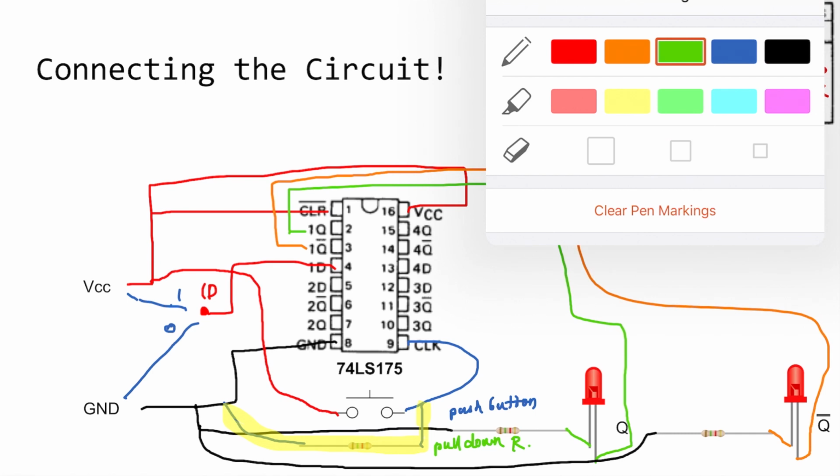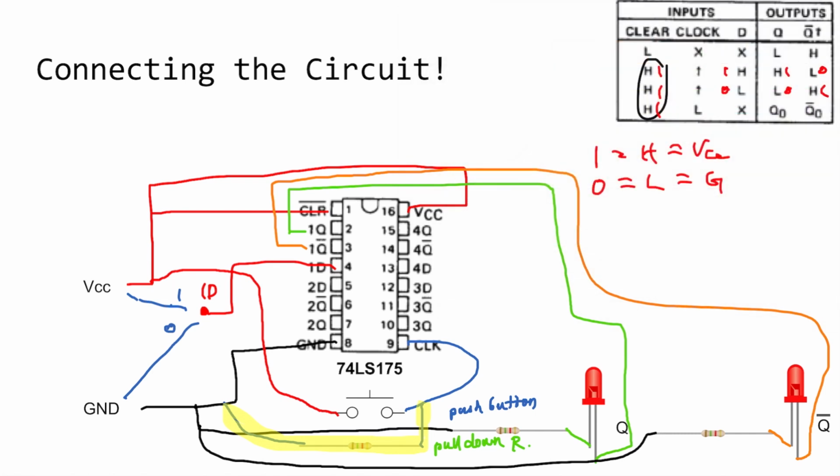So how this works is, when we connect the 1D to VCC, let's say D is 1, then nothing would happen. Both of these would still be at the previous state, and then we push down this button, or close the circuit.